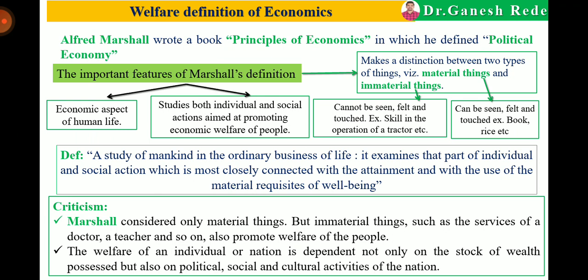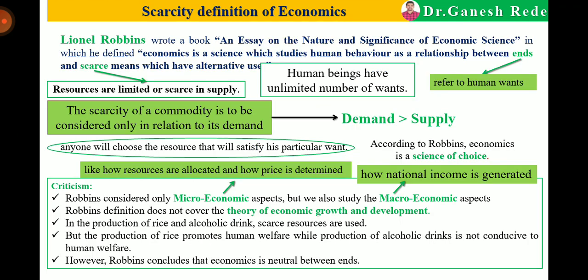Then our next definition is the scarcity definition of economics, which was given by Lionel Robbins. And who is Lionel Robbins? He criticized the previous definition, the welfare or Marshall definition of economics. Now, Lionel Robbins wrote a book, An Essay on the Nature and Significance of Economic Science.